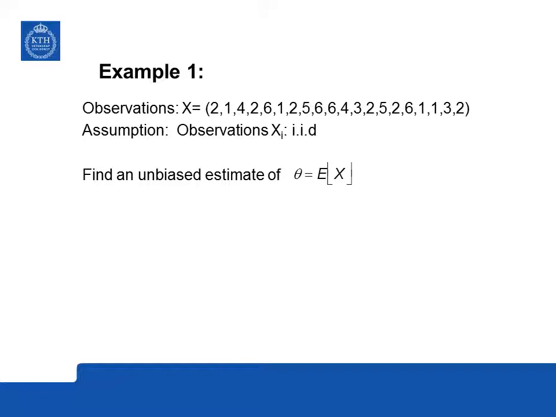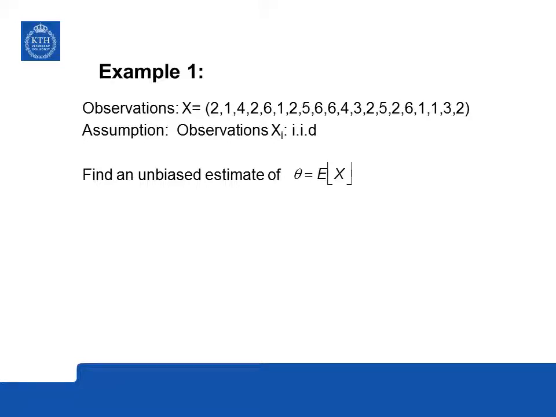So let's be a little bit more concrete and look at one example. We have an observation vector x consisting of 20 random observations, random integers. And our assumption is that these observations xi are random variables that are independent and identically distributed. And our task is to find an unbiased estimate theta hat of the expectation of X. It's probably one of the most common types of estimates we want to do.